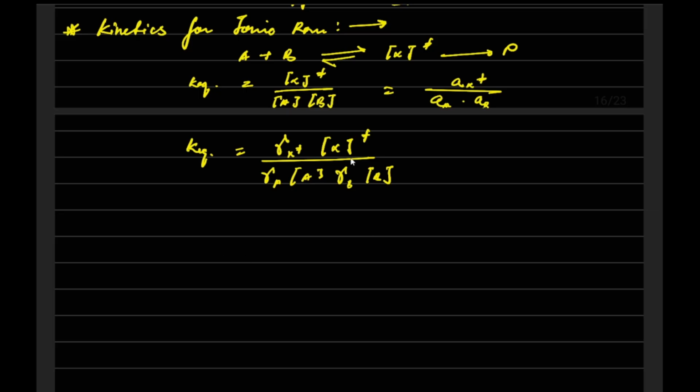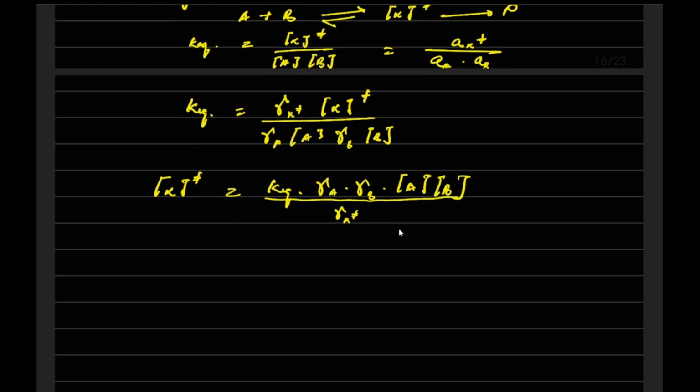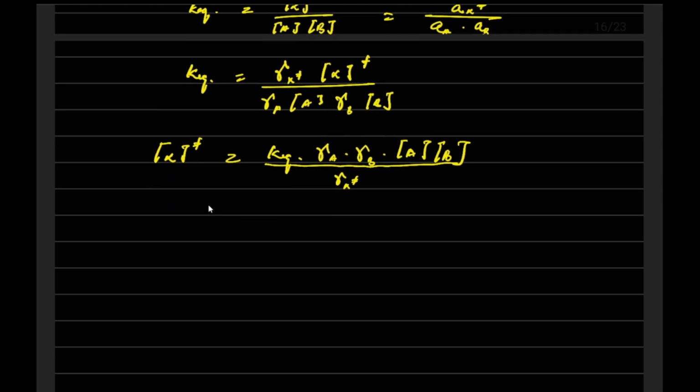So from here we'll find the concentration of transition state, which is equal to K equilibrium gamma A into gamma B into concentration of A into concentration of B divided by gamma of the transition state. Okay, so this is the concentration of transition state.